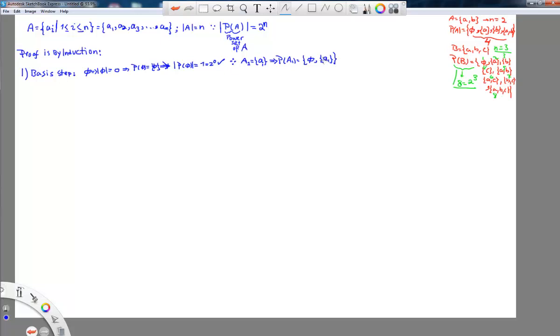That's two members. Therefore, the size of the power set of A sub 1 is going to be 2, which is 2 to the 1. So here n is 1. If the size of A sub 1 was 1, then the size of its power set is 2. Okay, so my base case is shown now.